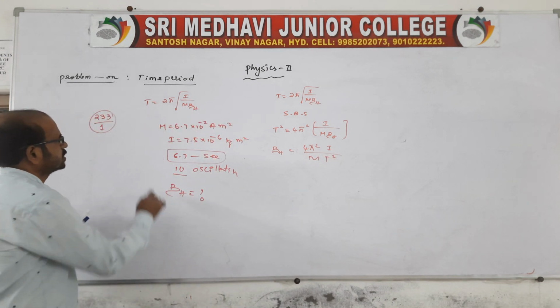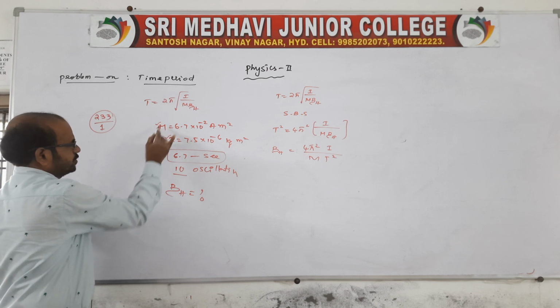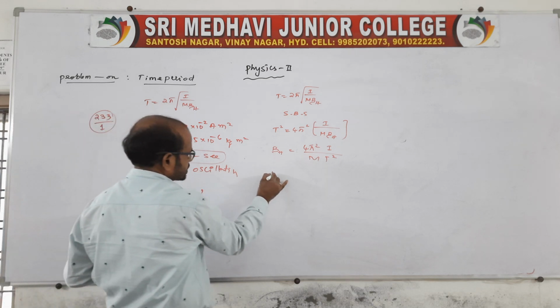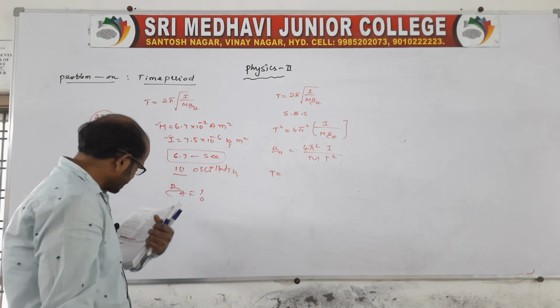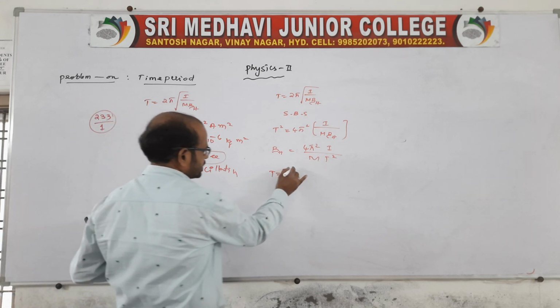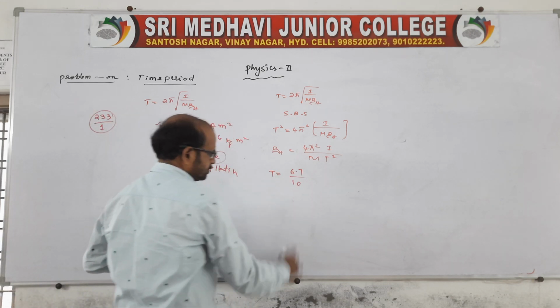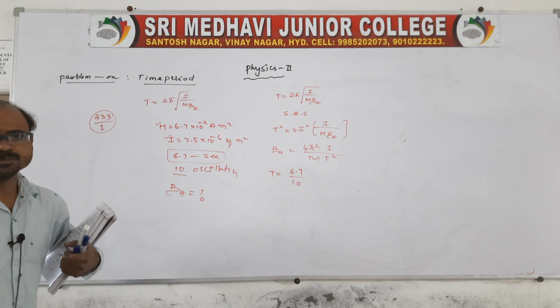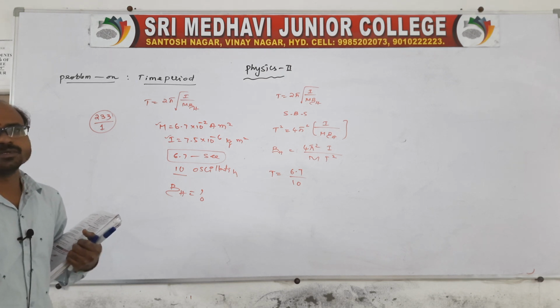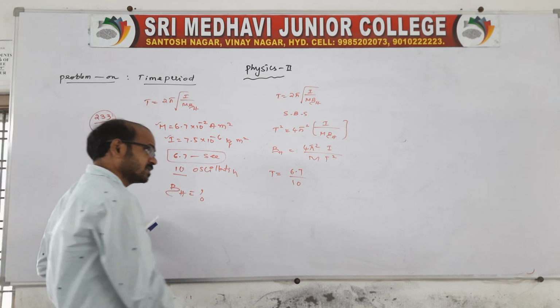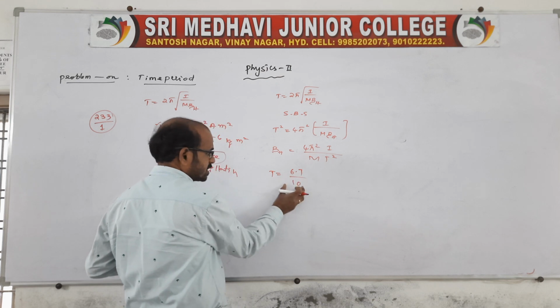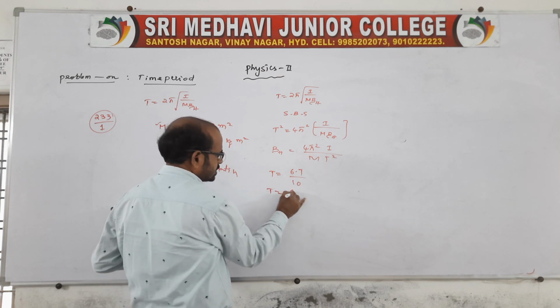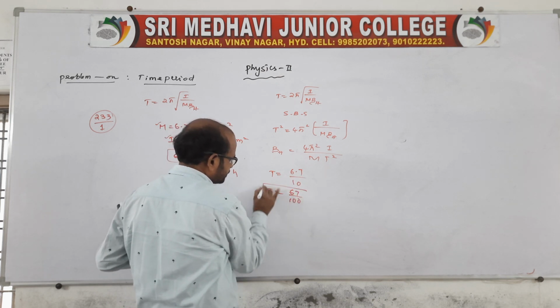Of course we know I, and we know M, but we don't know the time period, no? The time period is the time for one oscillation: 10 oscillations are completed in 6.7 seconds, so T = 6.7/10 = 67/100.